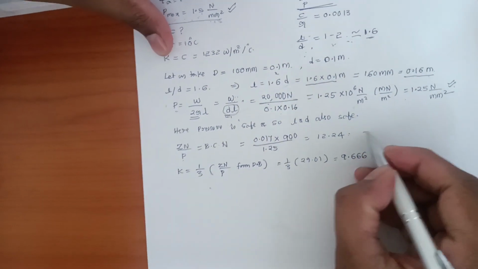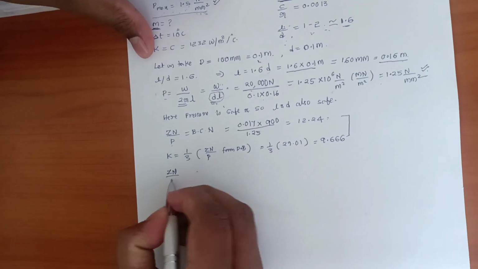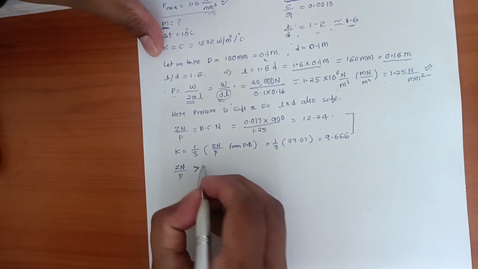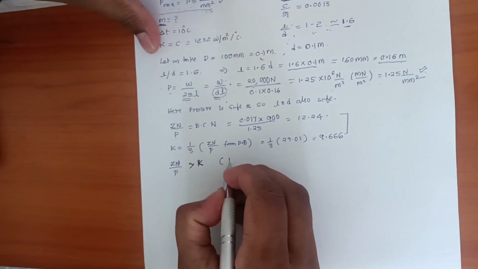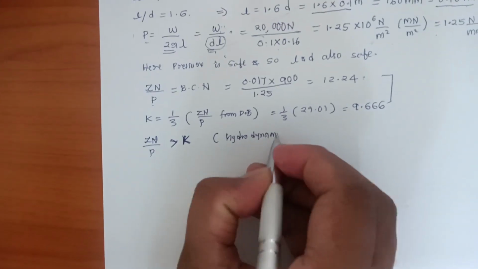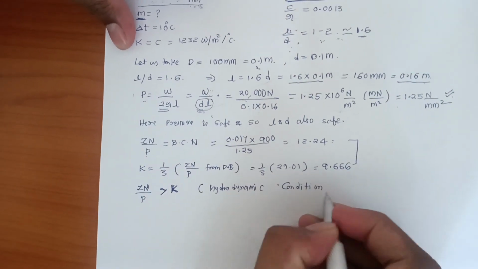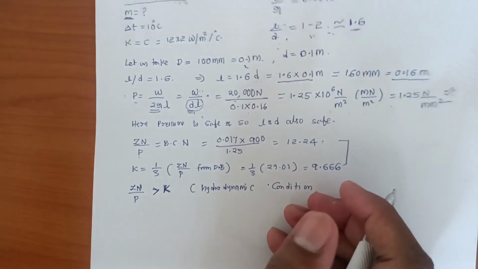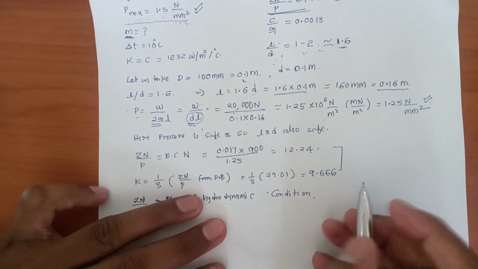So now you have to compare these two values. Here Zn by P is greater than the K value. So you can say that this is a hydrodynamic condition with thick oil.